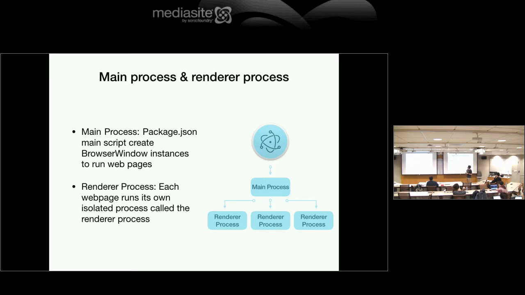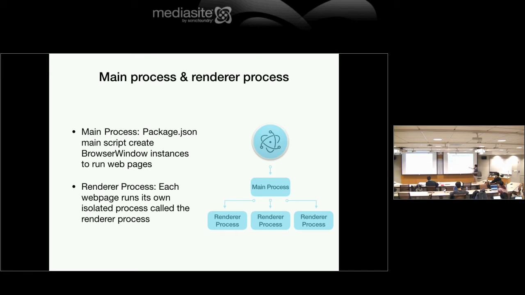The main process creates something called a browser window, and this browser window runs a web page in its own renderer process. When the browser window is closed or destroyed, so is that renderer process. And the main process itself manages all the web pages, browser windows, and the renderer processes.